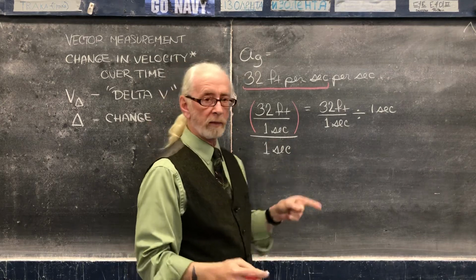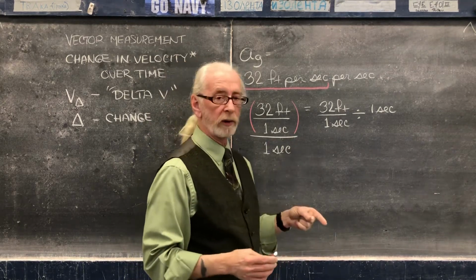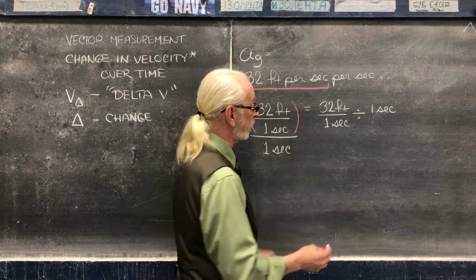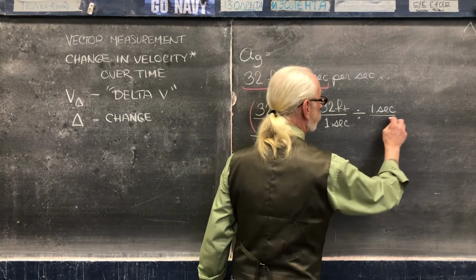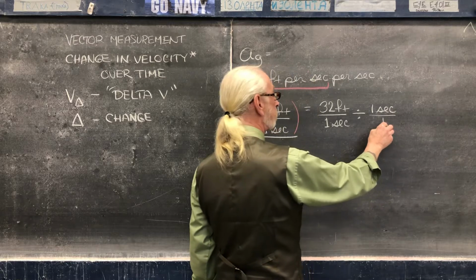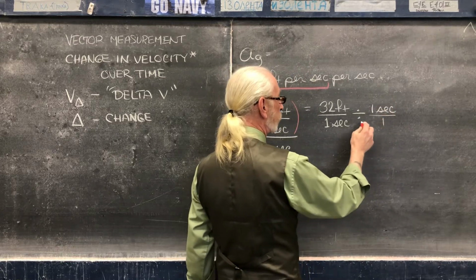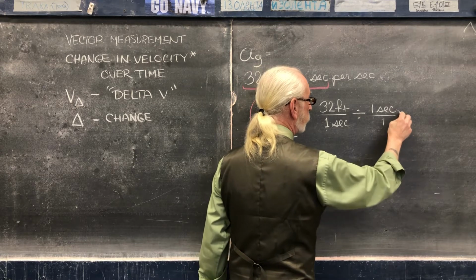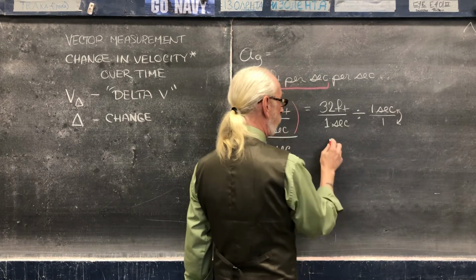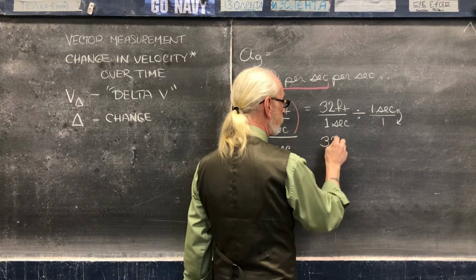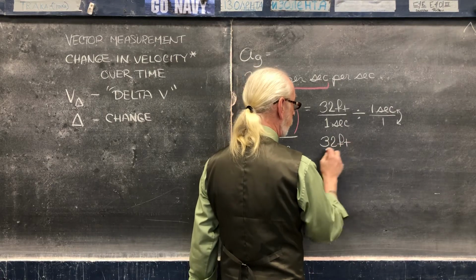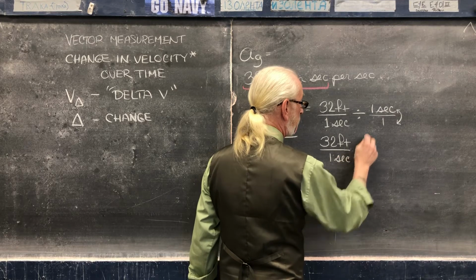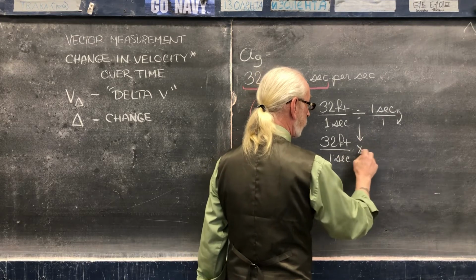Now, remember back in 5th grade when Mrs. Gilhooly was teaching you how to divide and multiply fractions. What do we do in a case like this? Well, we'll turn this into a fraction like so. Now what we're going to do is change this into multiplication, and flip this to the reciprocal. So now it reads 32 feet over 1 second. Change this to times.